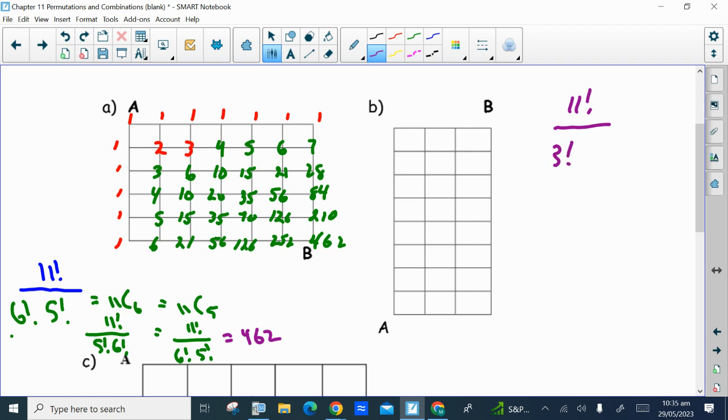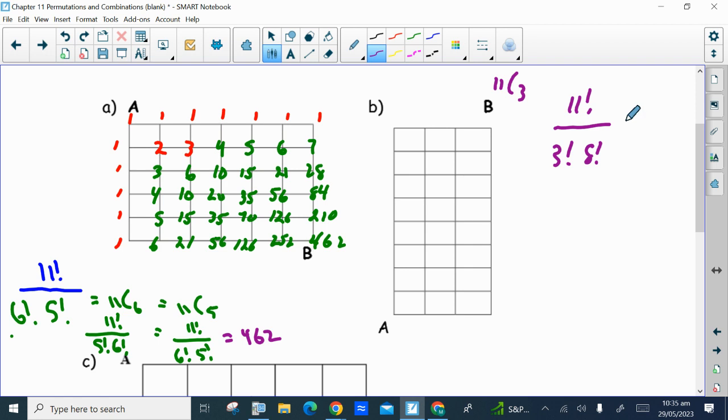And we can count the other ones going from west to east, but this can be done using combinations, meaning 11C3, which is 11 factorial over 3 factorial, and the other factor on the bottom is 11 minus 3, which is 8 factorial. And that 8 would represent 1, 2, 3, 4, 5, 6, 7, 8 ways of going from west to east.